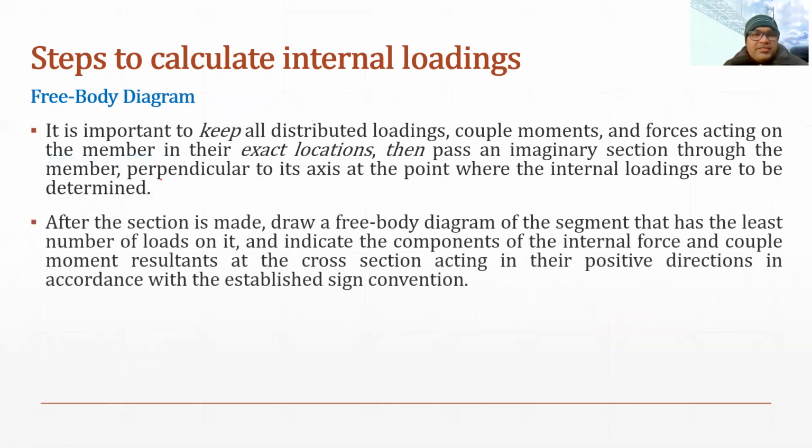Then it says, after the section is made, we will draw a free body diagram of the segment that has the least number of loads on it. And then we will indicate the components of the internal forces and couple moment resultant at the cross section, acting in their positive direction in accordance with the established sign convention.